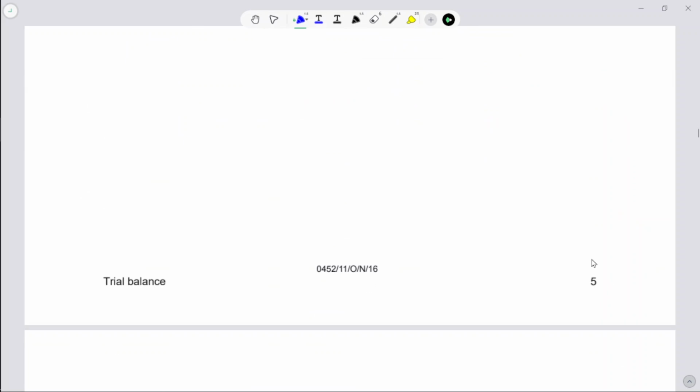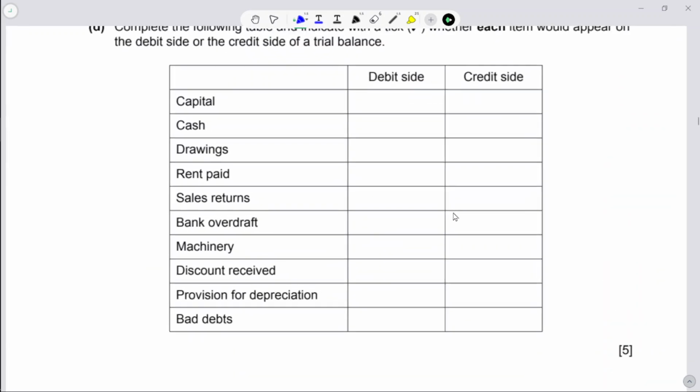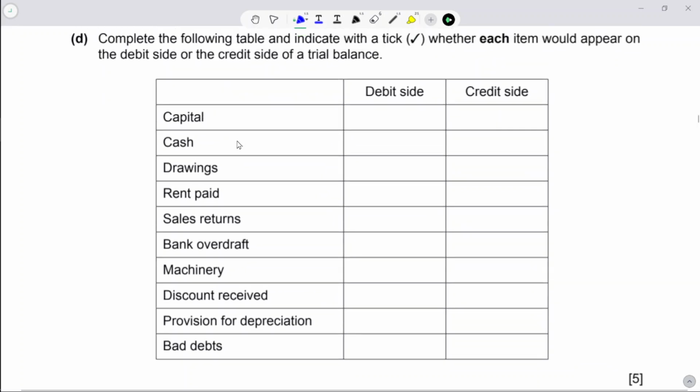Now let's go to page number 5. Capital we credit, cash is an asset, so we debit. Drawing debit. Rent paid is an expense, so we debit.